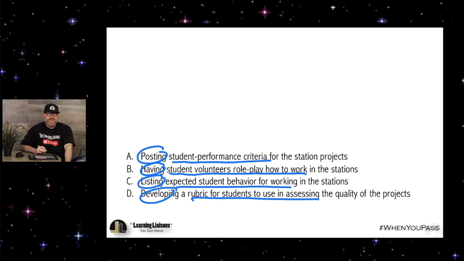Do you agree that it's safe to say that A and D are both talking about rubrics? Now, A doesn't say the word rubric, but student performance criteria is basically a set of standards or skills that they have to achieve, perform at. Well, that's basically, in other words, describing a rubric. Well, guess what?